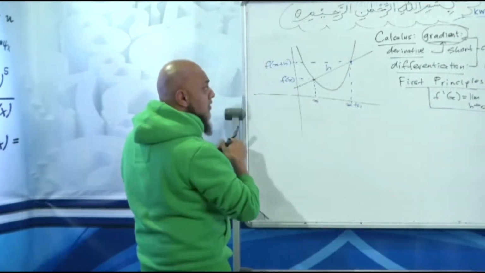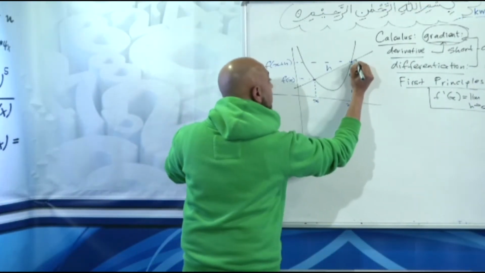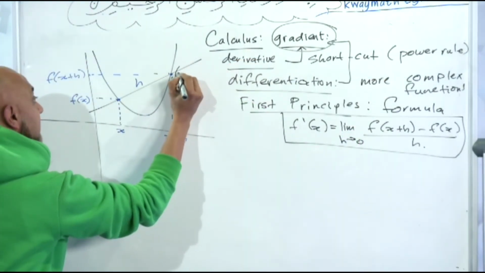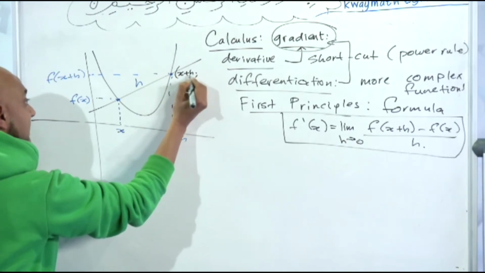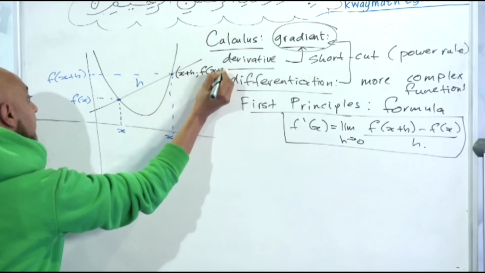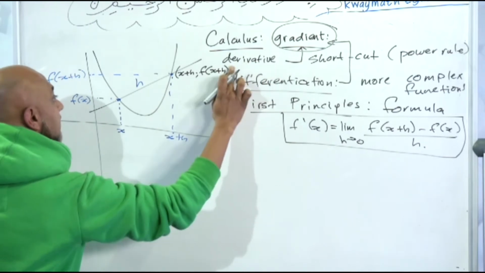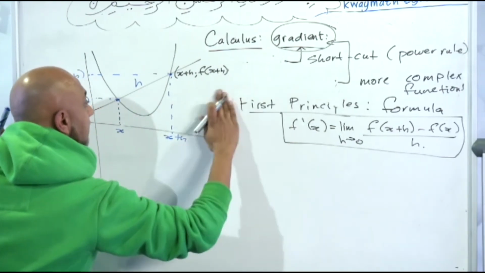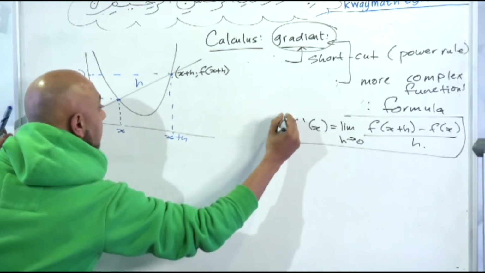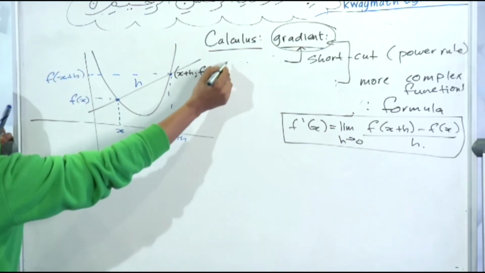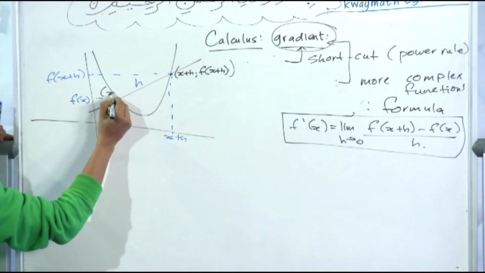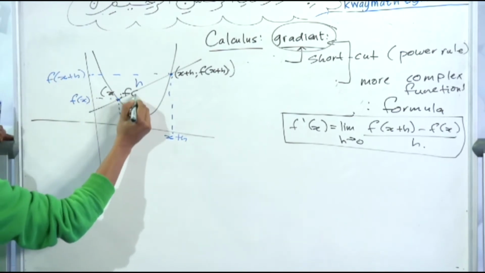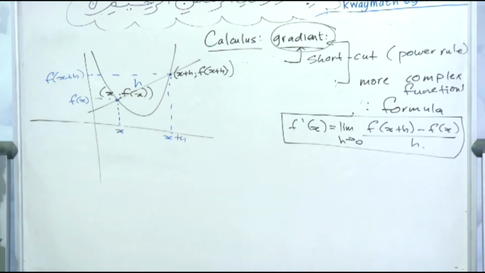So in coordinate form, this is x plus h, f of x plus h, and this one is x, f of x.